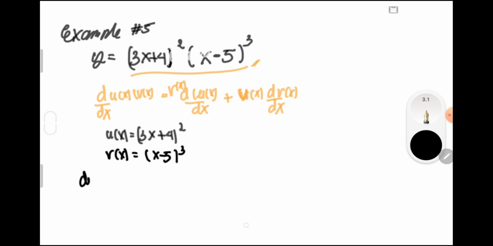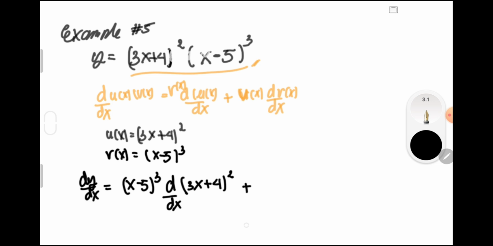We will have a value of our dy over dx will be equal to v of x, which is equal to x minus 5 raised to 3 multiplied by the derivative of 3x plus 4 squared with respect to dx, plus u of x, which is 3x plus 4 raised to 2 multiplied by the derivative of x minus 5 raised to 3 with respect to dx.